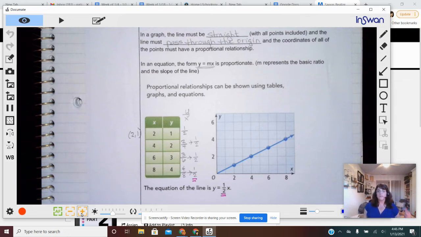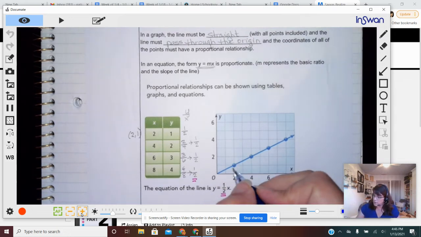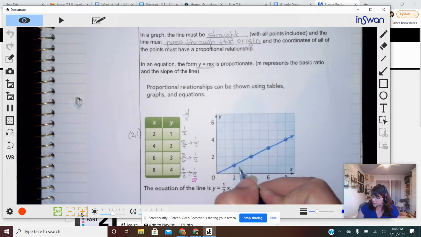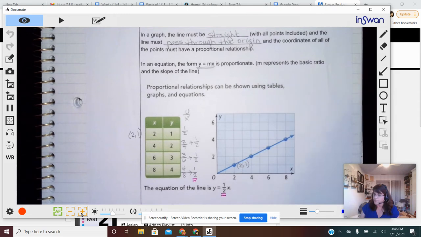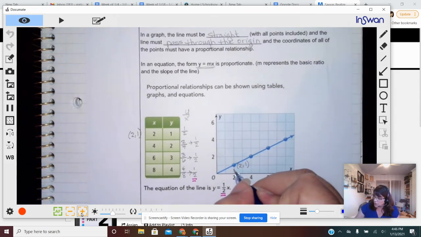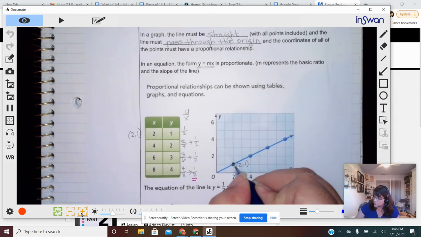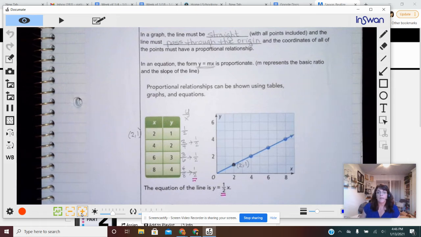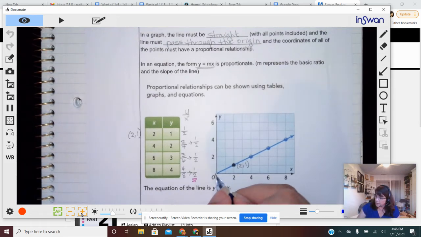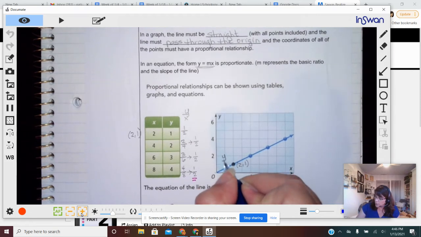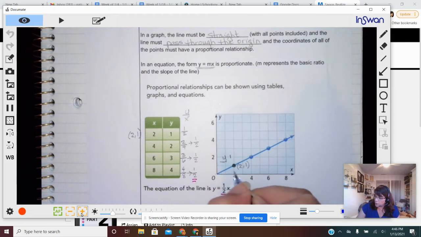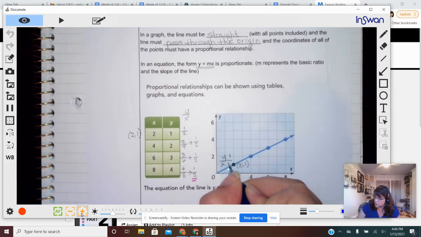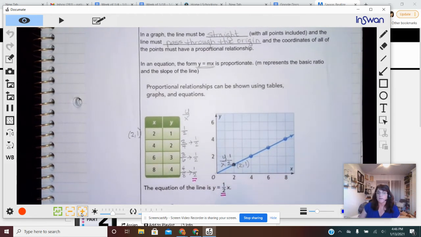So now let's take a look at the graph. Again, we have this spot right here, 2, 1. That's this first dot right here. It shows a proportional relationship of moving up 1 on the y-axis and moving over 2 on the x-axis.